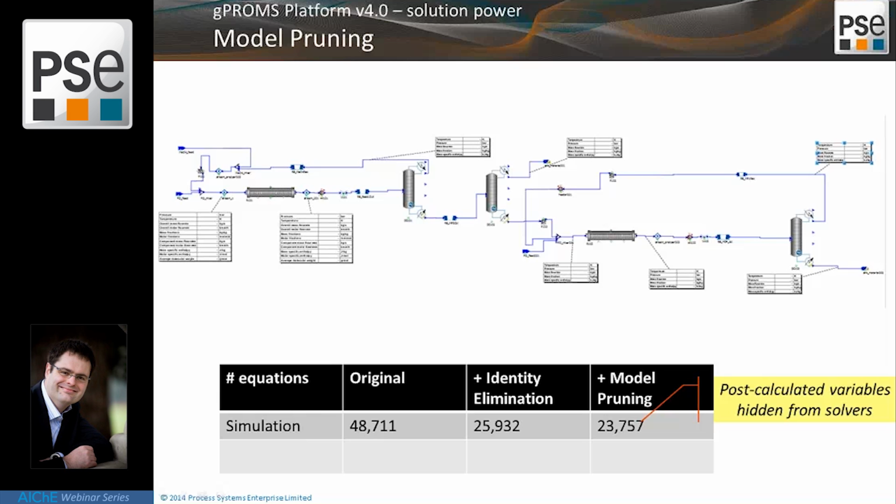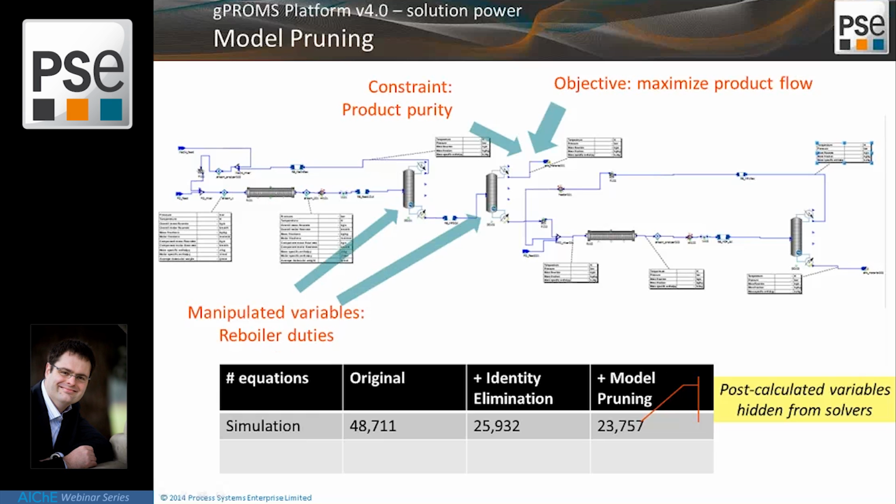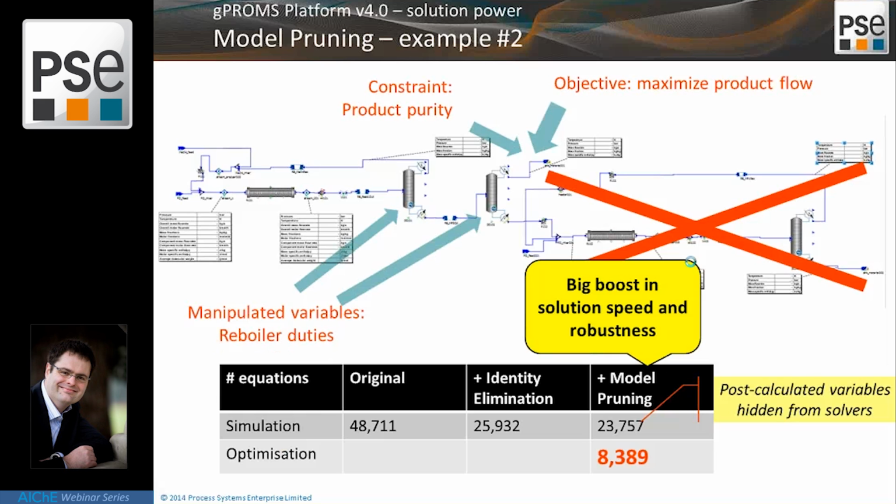And then we've got a feature called model pruning, which removes all the variables that can be post-calculated. Now, for simulation, that doesn't make much of a difference, but if I would set up an optimization problem, as shown here, where I would mainly be interested in maximizing this product flow, and I've got constraints on this side of the process, and I don't worry too much about this side because it's over-designed, for example, gPROMS would automatically ignore this part of the calculations and thus would reduce the size of the problem very, very significantly.